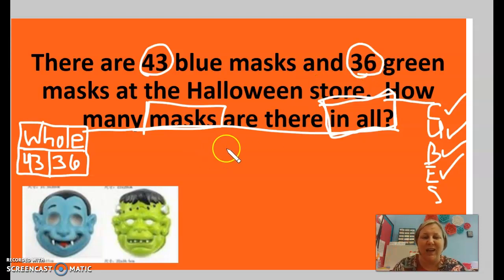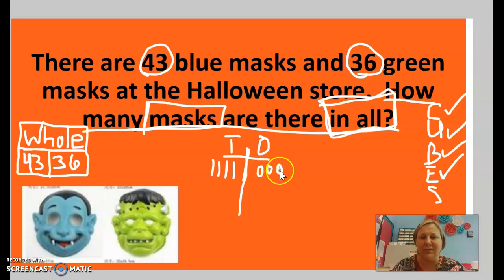So I'm going to add them using tens and ones. So here are my tens. Over here are my ones. I should draw this a little bit better. I have 43, so I'm going to draw out 43: 10, 20, 30, 40, and 3 ones. 1, 2, 3 ones.